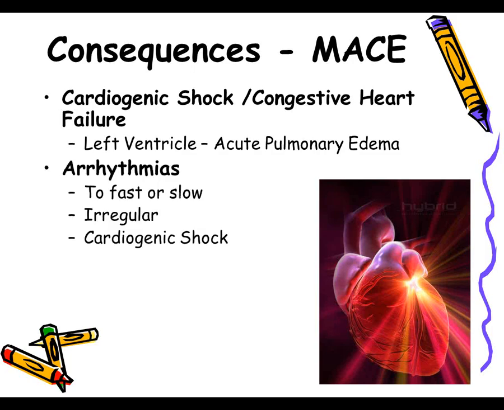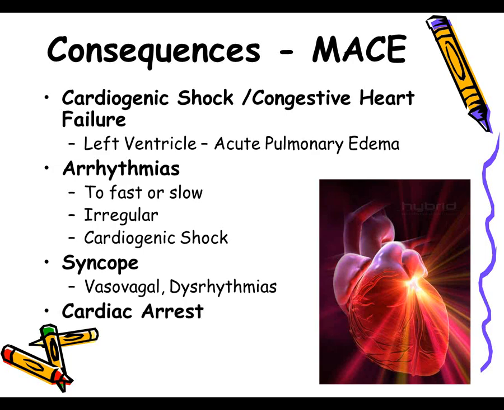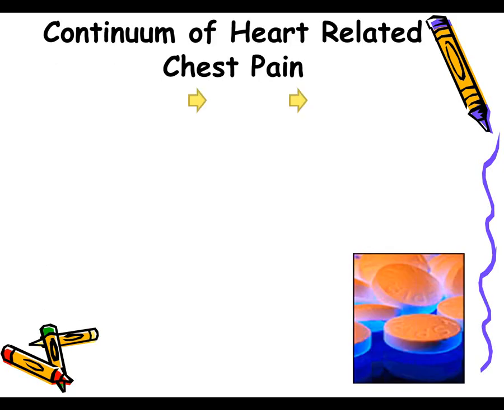Heart attacks can cause arrhythmias, can cause the heart to beat too fast or too slow, can cause the heart to beat extremely irregular. And a heart that's too fast or too slow or too irregular will also lead to cardiogenic shock and acute pulmonary edema. Heart attacks may cause a drop in blood pressure, leading to syncope. And, of course, the most adverse coronary event, heart attacks may cause cardiac arrest.